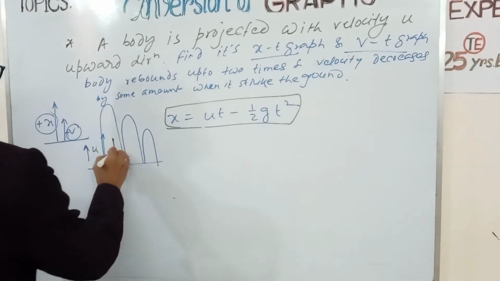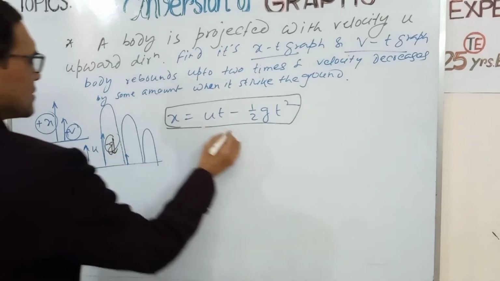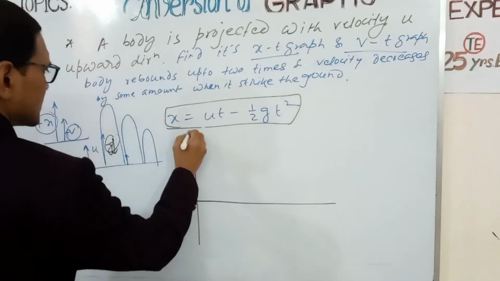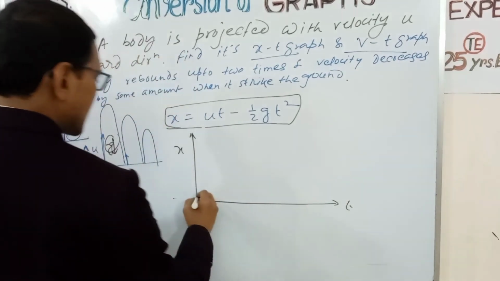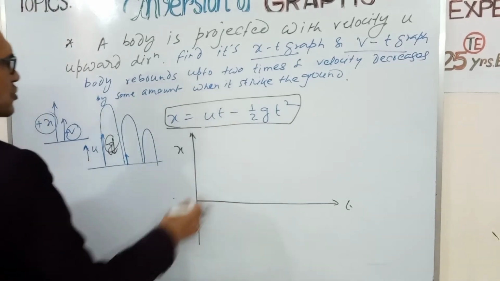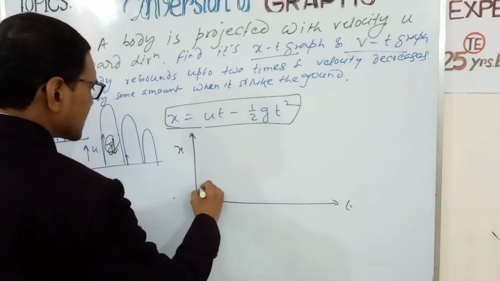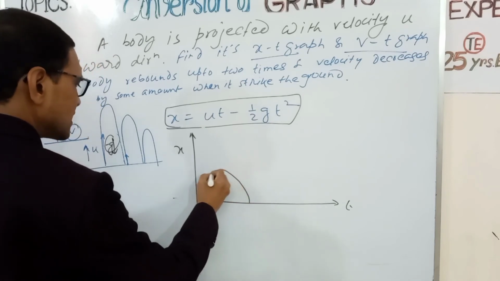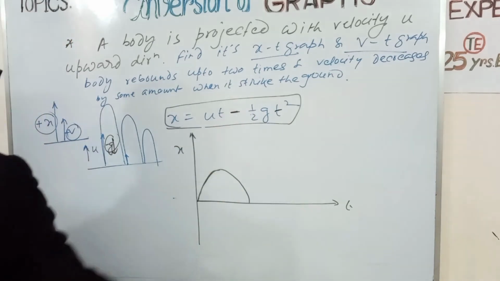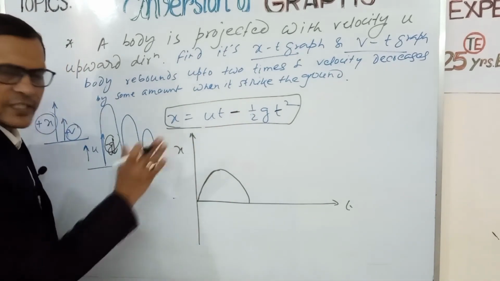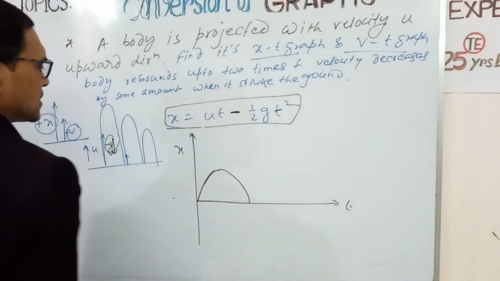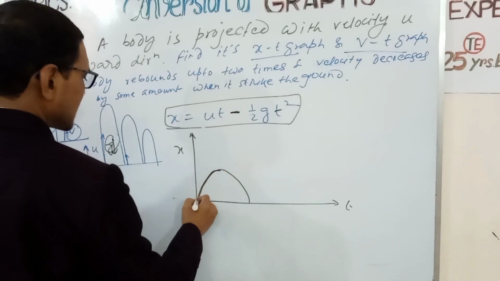G is negative, so with x and t axes the graph will be a parabola. The projectile motion graph will be this way, because the coefficient of t square is negative, so its opening will be towards the negative x-axis, that is vertically downward. Now this is the equation, this is the graph.